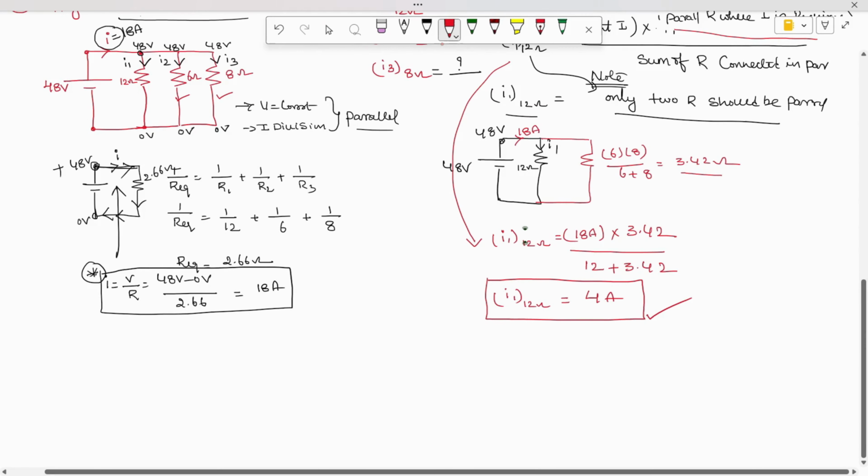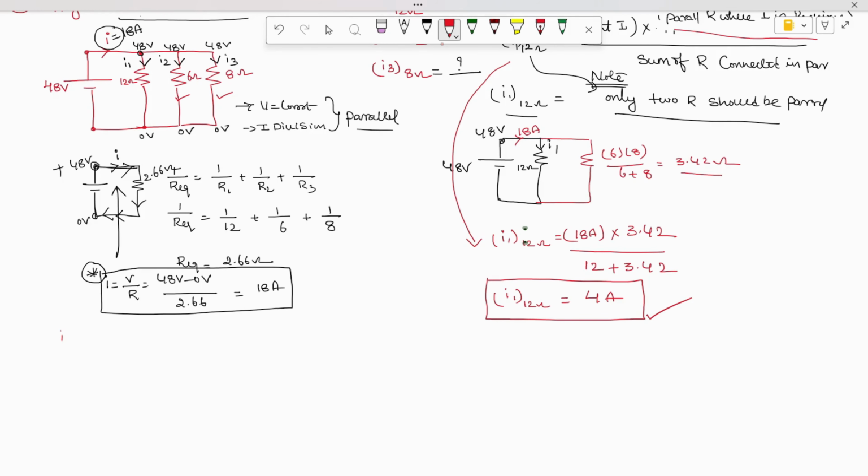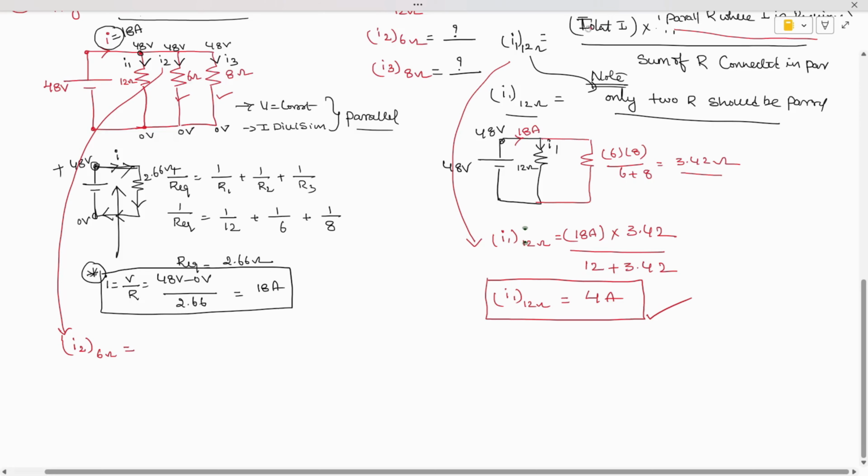Similarly, let's try to calculate this current I2. So current I2 across which resistor do you require? Across 6 ohm. What is the formula we had already done? Total current. Okay. So the formula is total current. What is the total current?